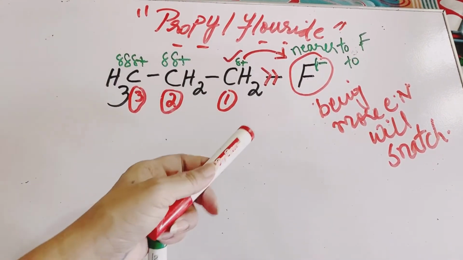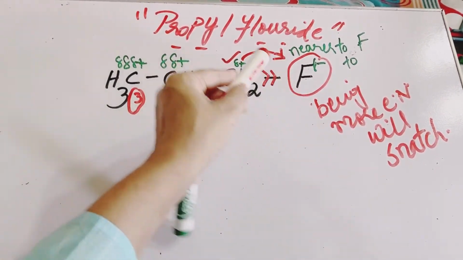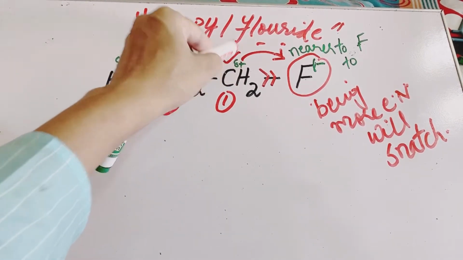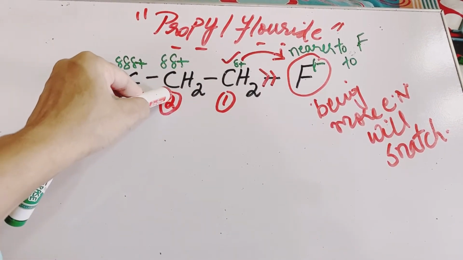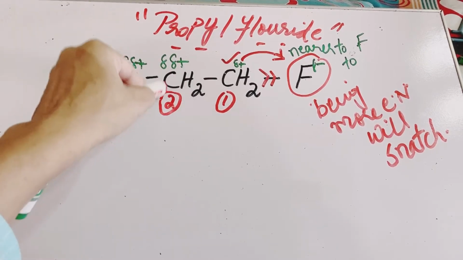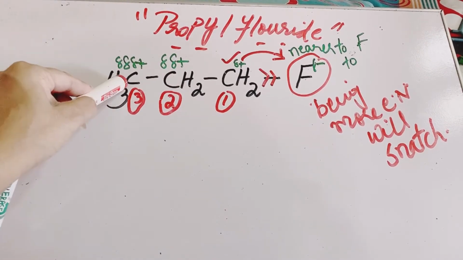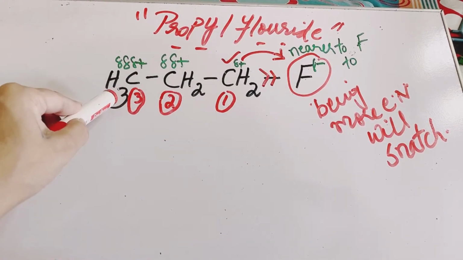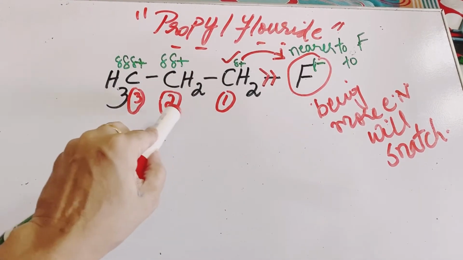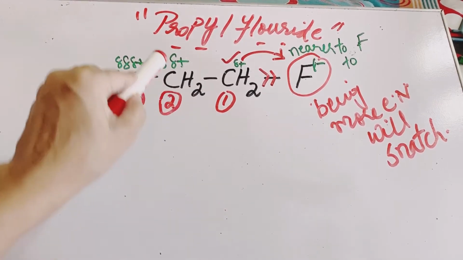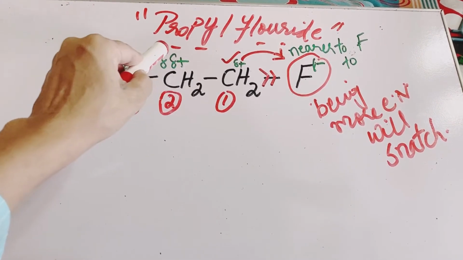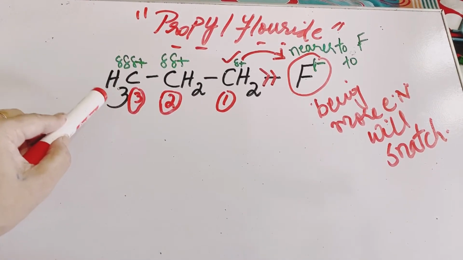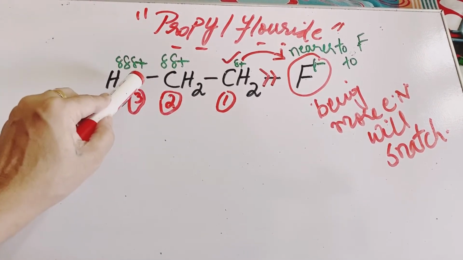I will explain the same thing again. Carbon number 1, this one, because of its partial positive charge, will try to attract or snatch the bonding electrons of carbon number 2, this one. As a result, carbon number 2 will also have a partial positive charge, right? And that will do the same with carbon number 3, which will also have a partial positive charge.